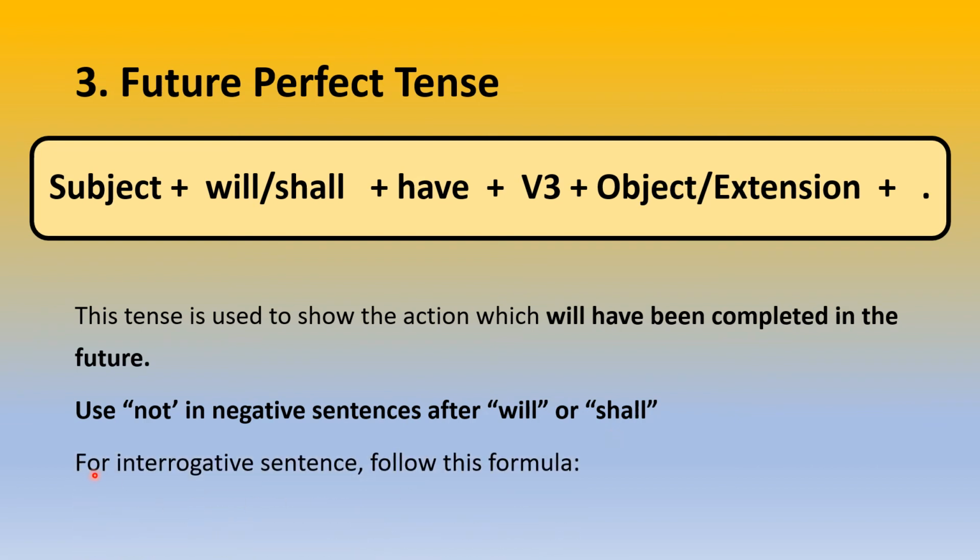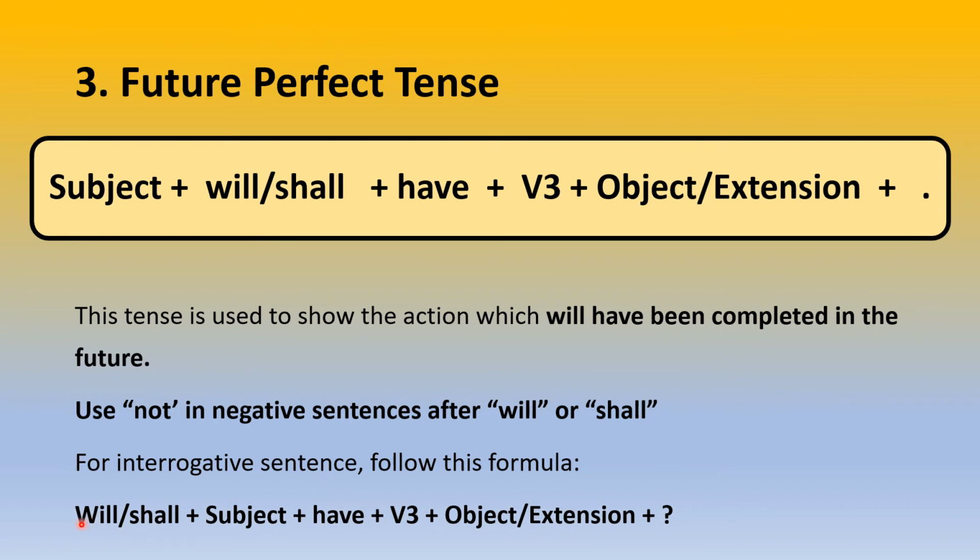And in order to write a correct interrogative sentence of future perfect tense, follow the following formula. Write will or shall in the start of the sentence. Then write the subject. After that, write have. And then the third form of verb is written along with object or extension and the question mark.